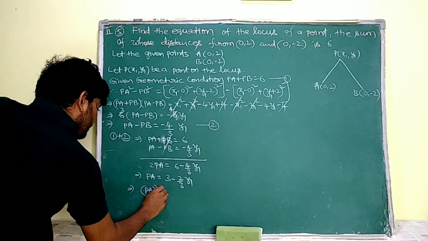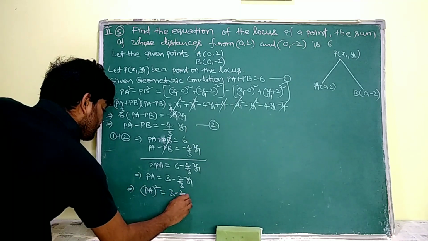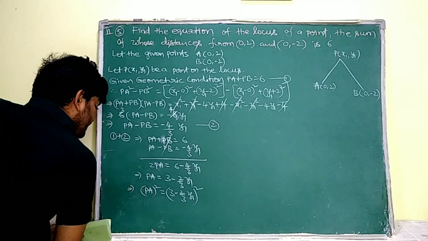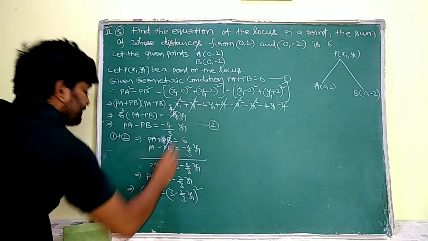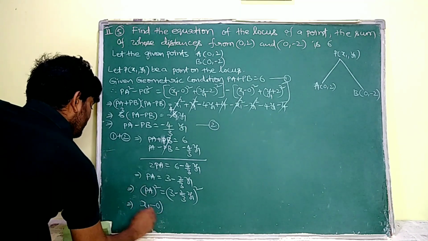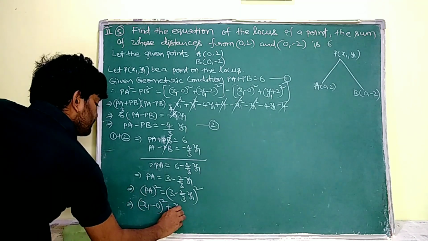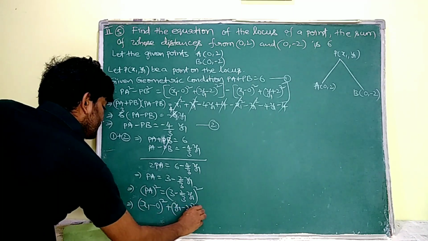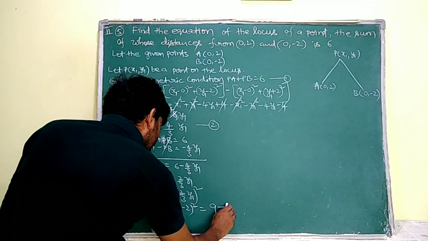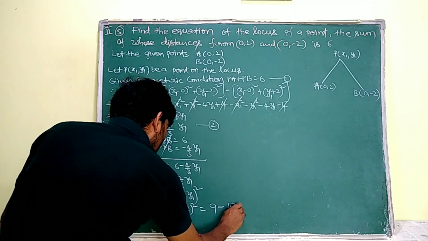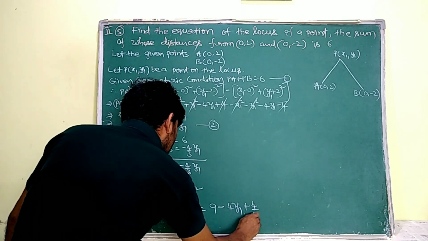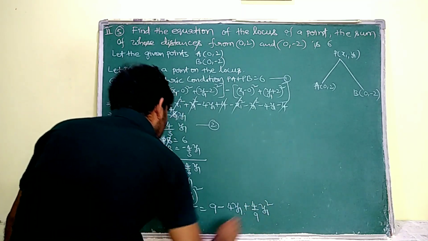PA whole square is equal to 3 minus 2 by 3 y1 whole square. Now PA square means the distance between P and A: x1 minus 0 whole square plus y1 minus 2 whole square is equal to 9 minus 2 2s are 4y1, plus 4 by 9 y1 square.